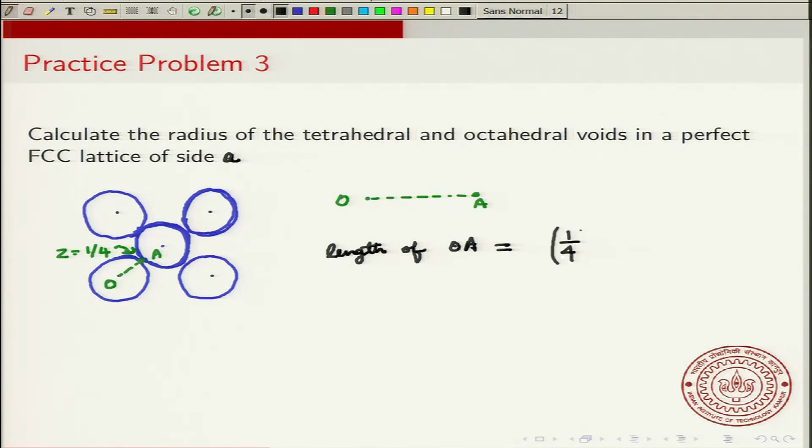So the length of OA will be 1 by 4 square plus 1 by 4 square plus 1 by 4 square.